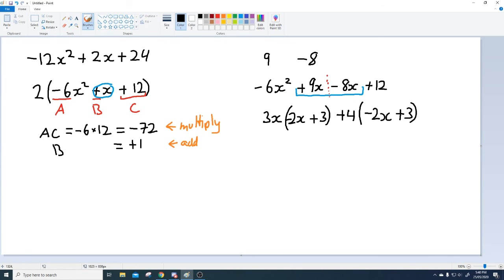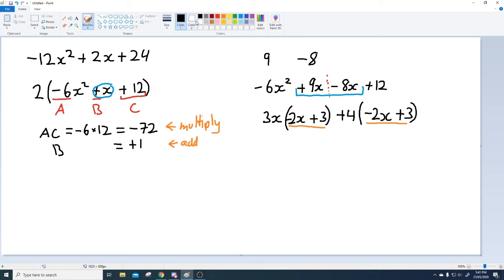Negative 8 divided by 4 gives us negative 2, and positive 12 divided by 4 gives us positive 3. You'll notice now that our two brackets, let's draw this answer, are exactly the same.